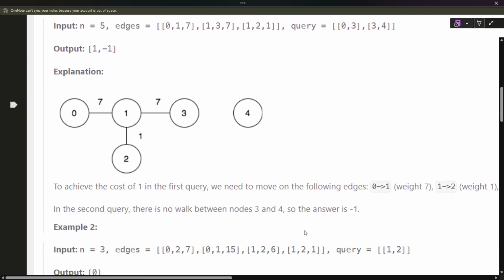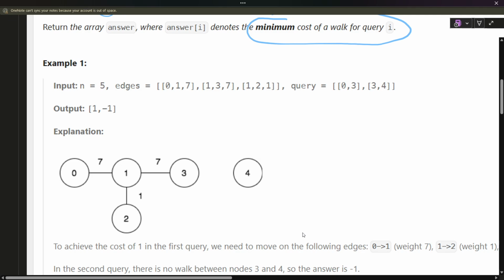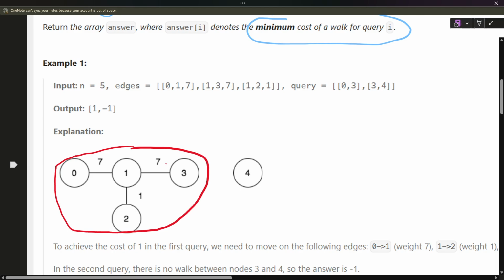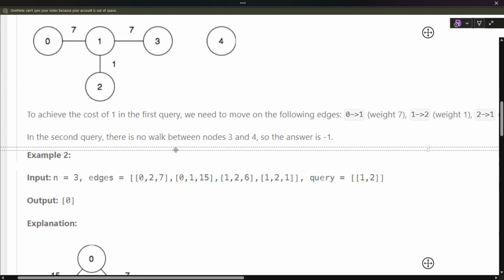Now let me explain it to you. Suppose this is our graph, and this is the entire graph.